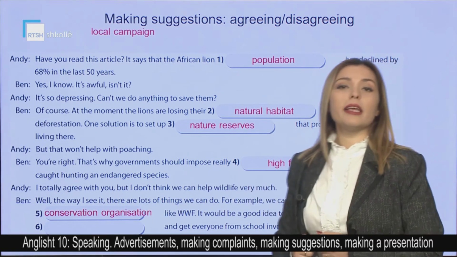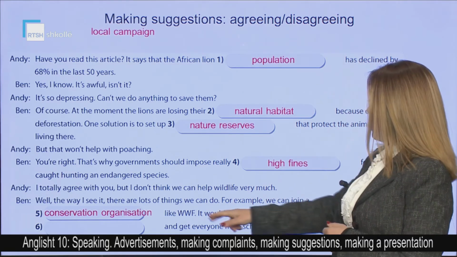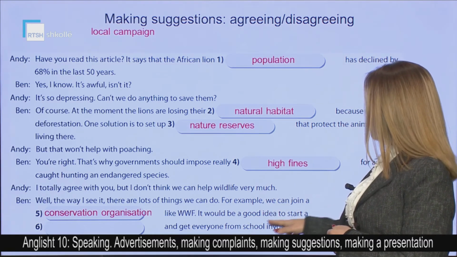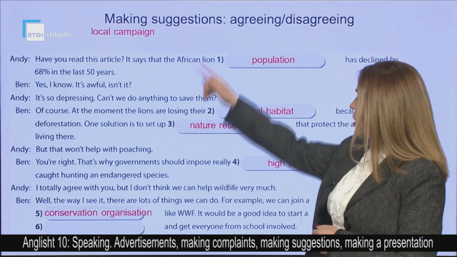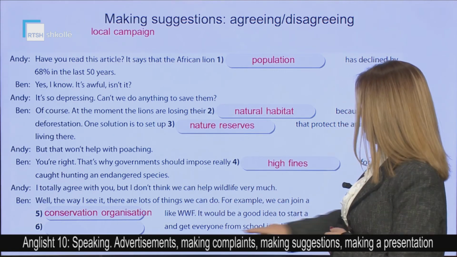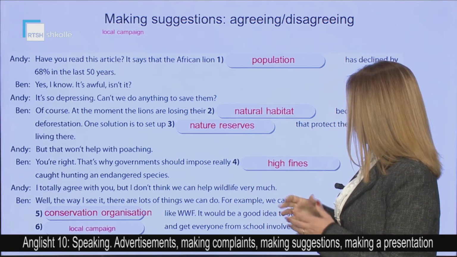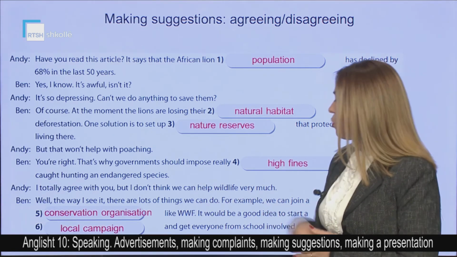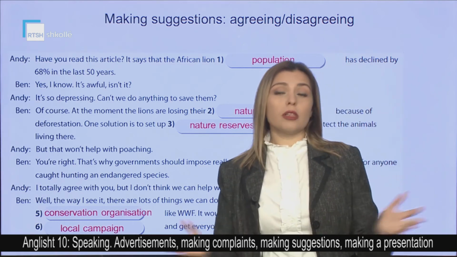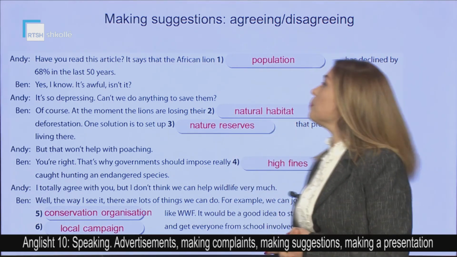These endangered species. It would be a good idea to start, of course, a local campaign and get everyone from school involved. And of course, Andy totally agrees with that.